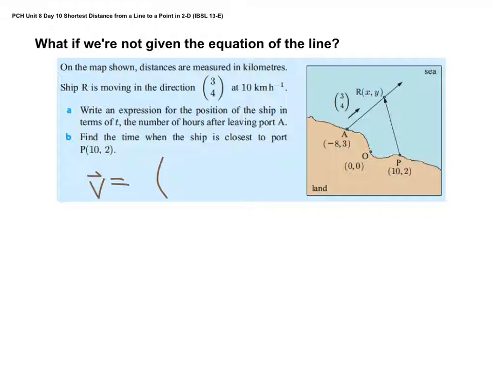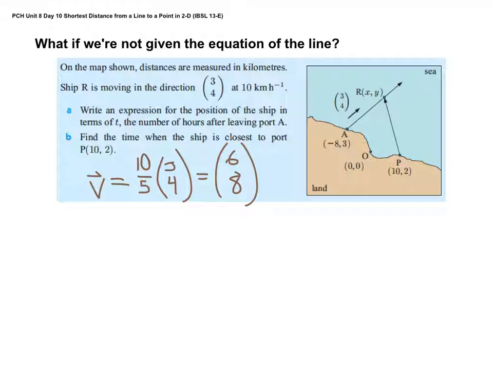If 3, 4 has a magnitude of 5, and we want it to be a magnitude of 10, it's 6, 8. So there's our velocity vector. And now we can write our equation.